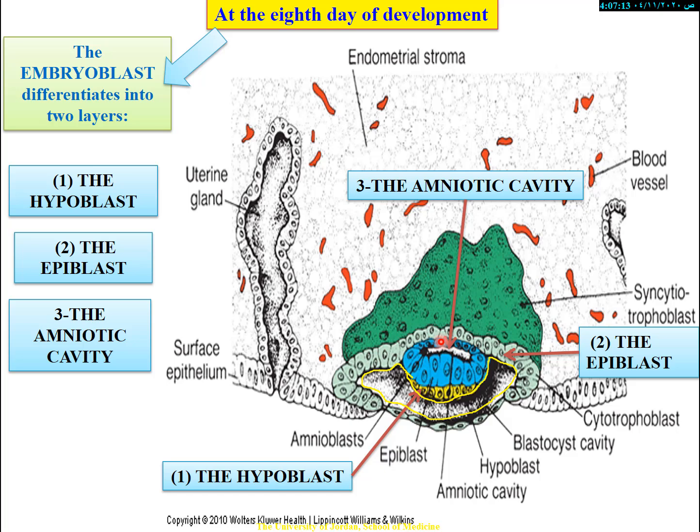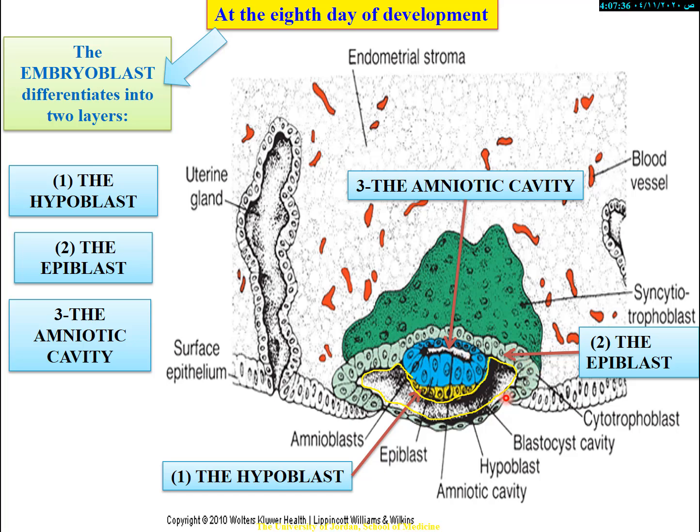Now, I haven't said this, maybe I've forgotten, that the epiblast also forms what we call the amniotic cavity. So here, not only division into two parts, but also the appearance of the amniotic cavity.